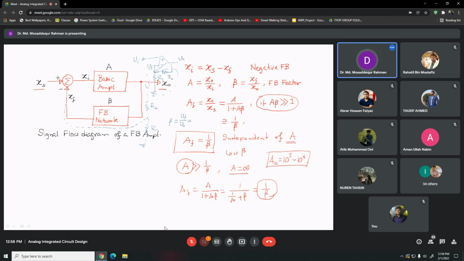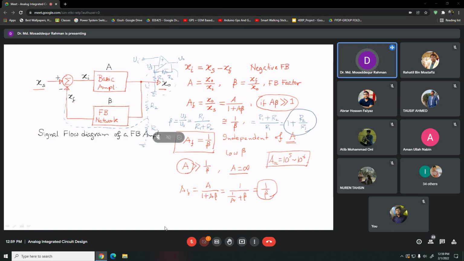Apply the voltage division rule, and that will be R1 divided by R1 plus R2. Take the inverse, 1 over beta, which will be R1 plus R2 divided by R1, and that will be 1 plus R2 by R1, right?